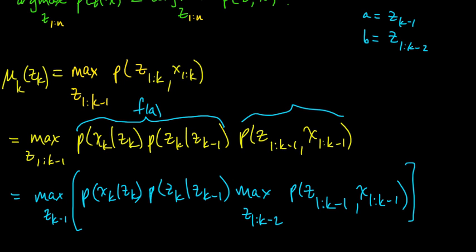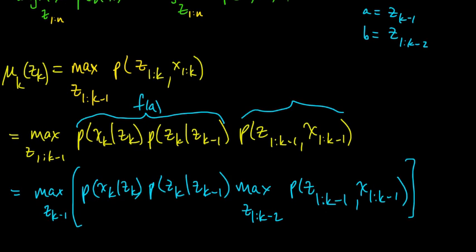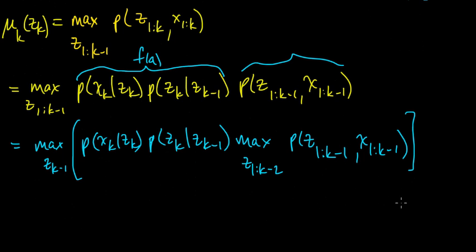Now things are starting to look pretty good, because we can identify this max down here as looking like this up here. It's just one less: k minus 1, k minus 2, k minus 1, k minus 1.